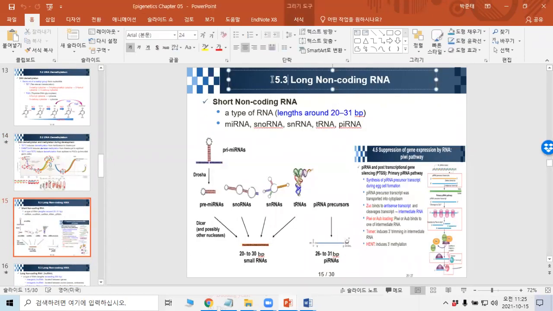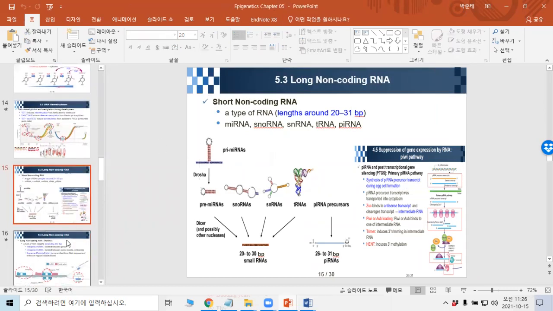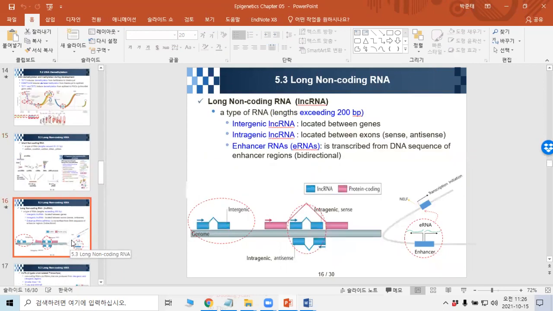Now we will cover non-coding RNA, long non-coding RNA. There is short non-coding RNA, for example microRNA, snoRNA, snRNA, tRNA, and piRNA. And also there is long non-coding RNA.